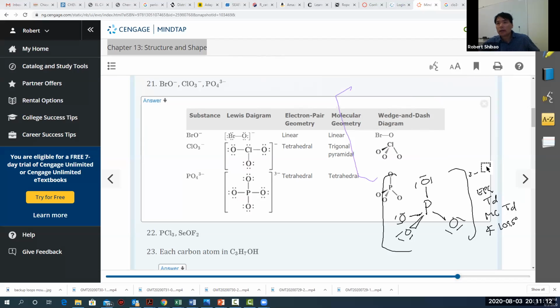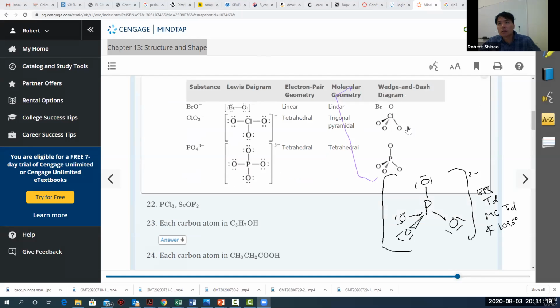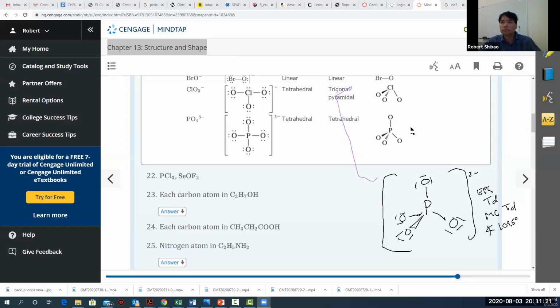I really don't like their wedge and dash here. It's not conventional here. These are flipped. This is non-conventional. This is looking from the bottom. We usually look from the top or when we have models.